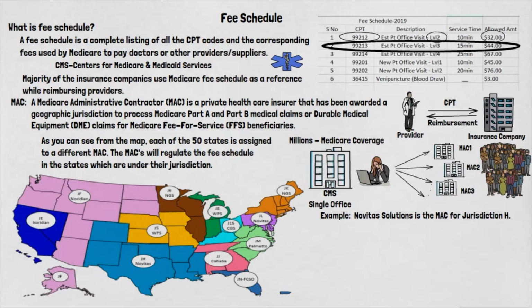For example, Novitas Solutions is the MAC for jurisdiction H, that is, all the states which are covered in blue color.